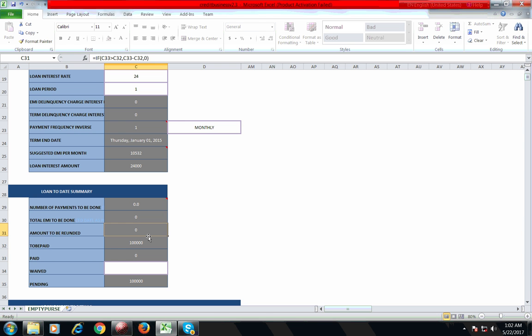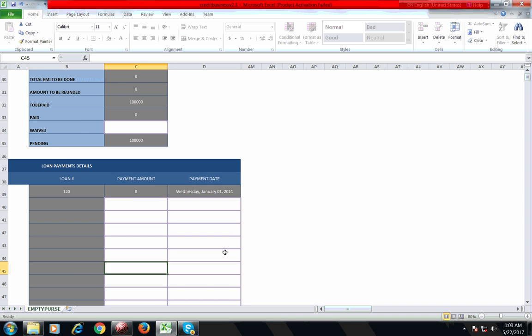So amount to be refunded basically means any amount has to be refunded back in case the debtor has paid more than what he owes. To be paid is the actual amount to be paid, and paid is what he actually paid, and pending is the balance amount to be paid. So again, these white cells are what we need to fill.